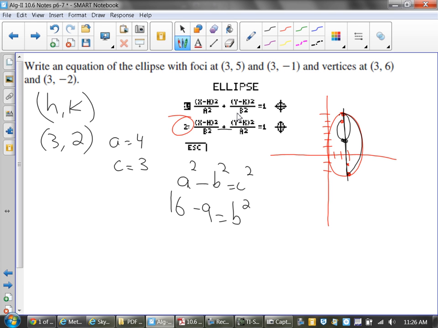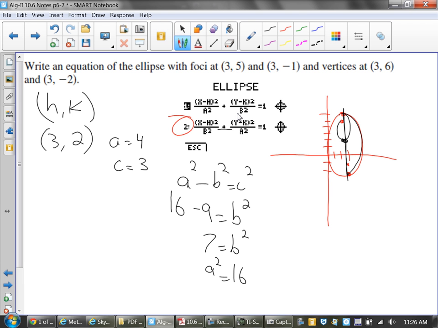Then I just have to find the halfway point of the y's. 6 and negative 2 is 4. What's half of that? 2. So we're going to find the midpoint. Basically, you're just using the midpoint formula, but I've got the same x coordinate for both. So just add the y's and divide. Okay. So now I get 7 is b squared, and a squared was 16.